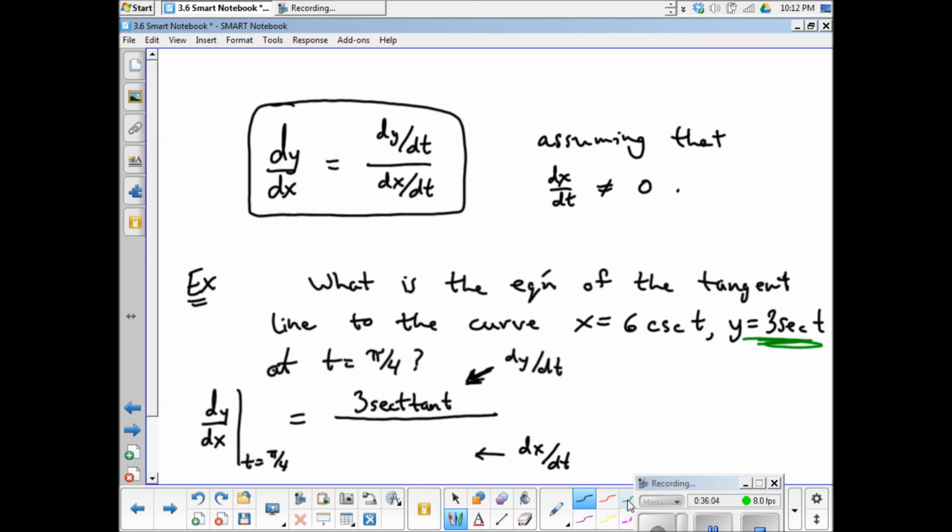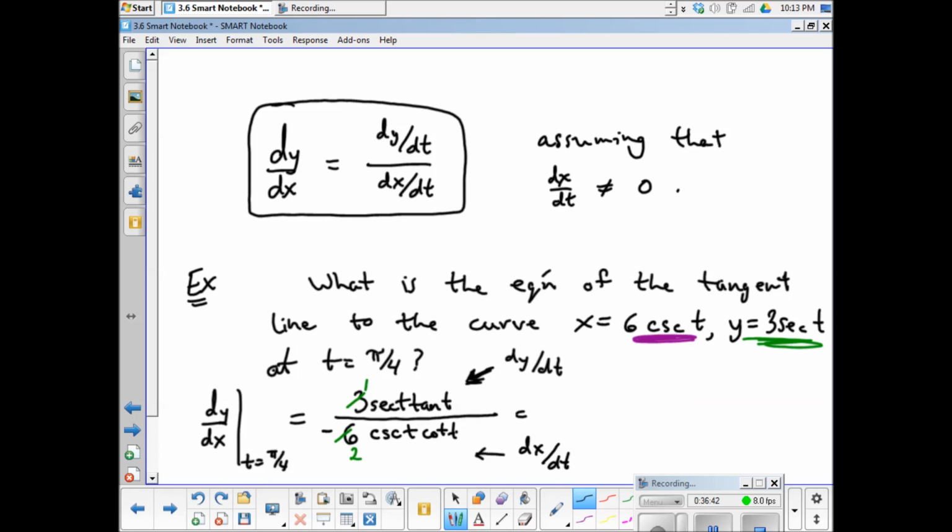And the derivative of 6 cosecant t is 6 times negative cosecant t cotangent t. Okay, so this reduces to negative 1/2. And we can write this simpler, but our goal was to plug in pi over 4 anyway.